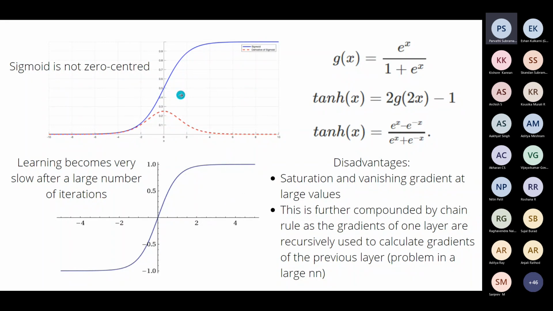Another issue with this is the fact that it's not zero-centered. So why is that a problem? Since this is not zero-centered, remember that the entire range of the sigmoid function's output is always positive. And we also see that the A values are directly proportional to the partial derivative of the weight. So when all these values are positive, it forces the partial derivatives with respect to the weights to be either all positive or all negative.